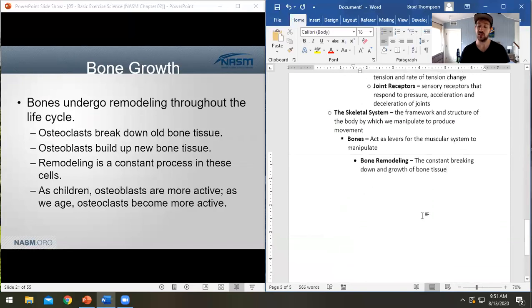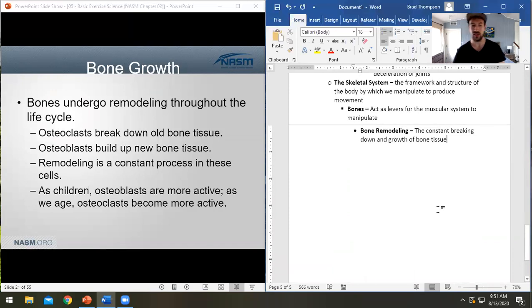The two cells that are responsible for our bone remodeling are the osteoclasts, which are specialized cells responsible for breaking down old or damaged bone tissue.